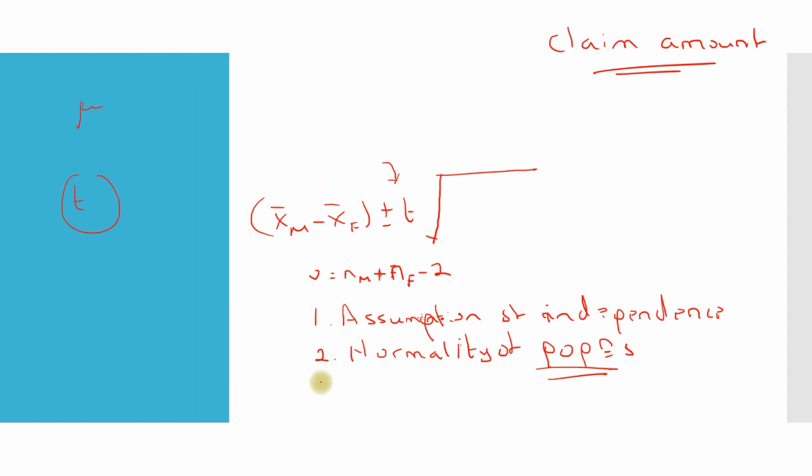But we will bring in an additional assumption for this course. This assumption is important for you to be able to use the degree of freedom that I explained earlier. Otherwise, you will not be able to use that degree of freedom if you do not make this assumption.